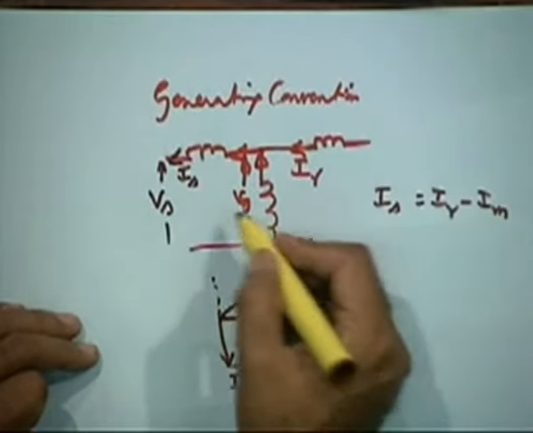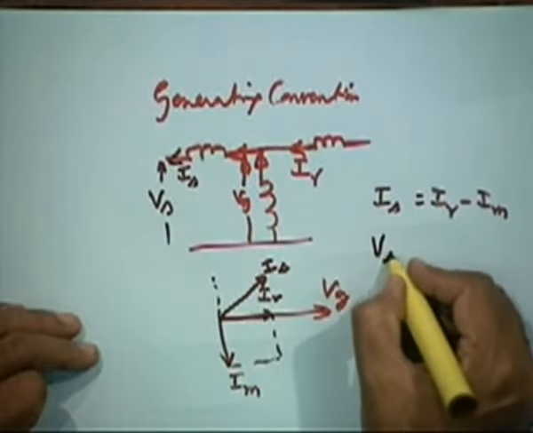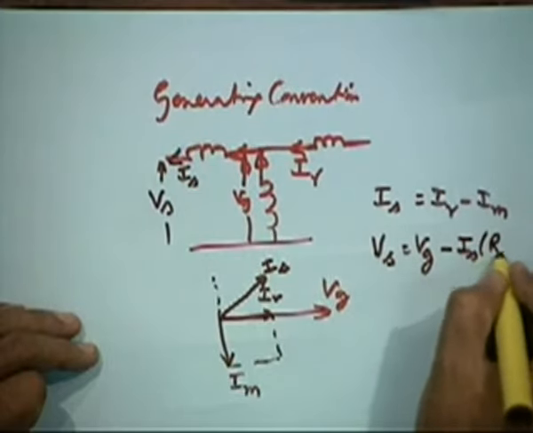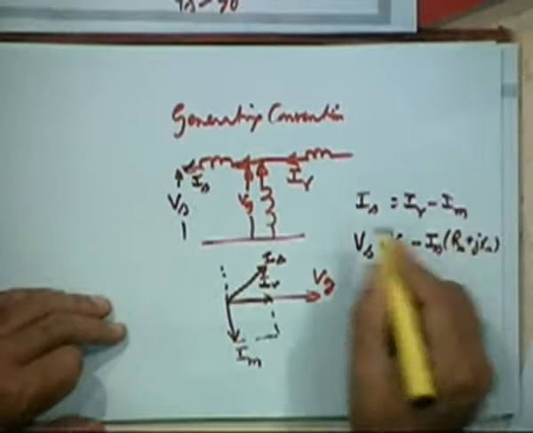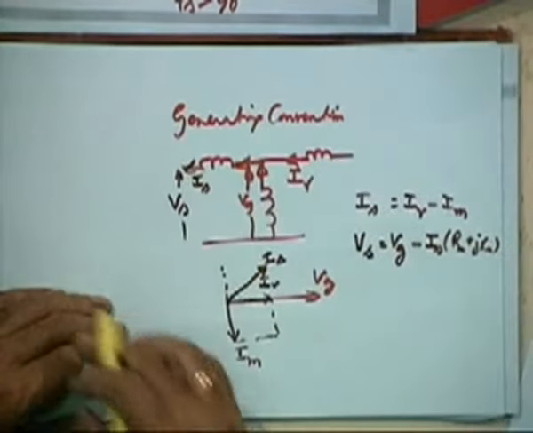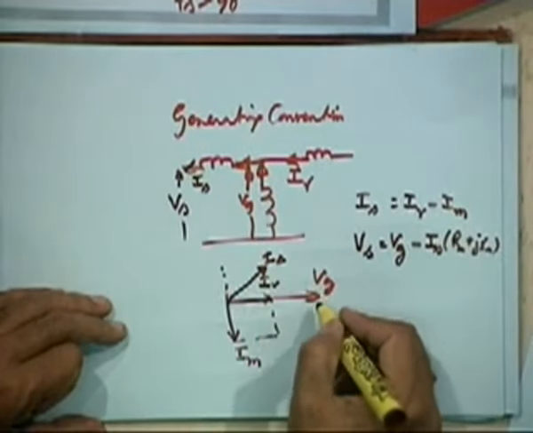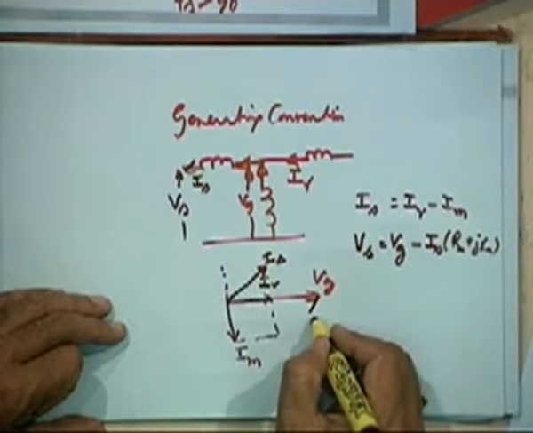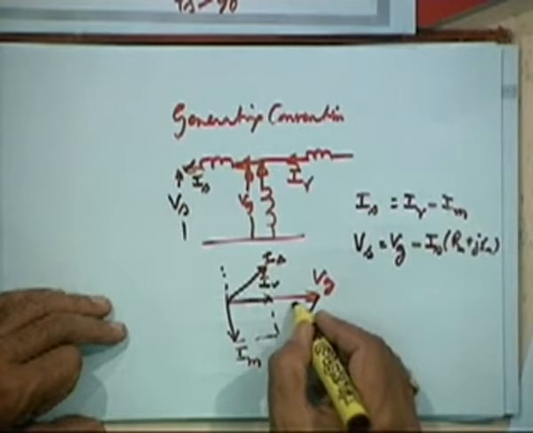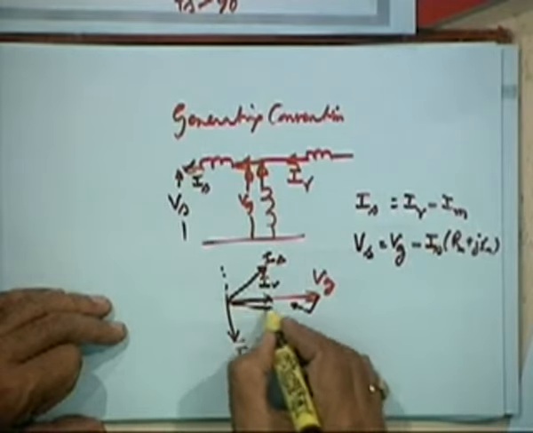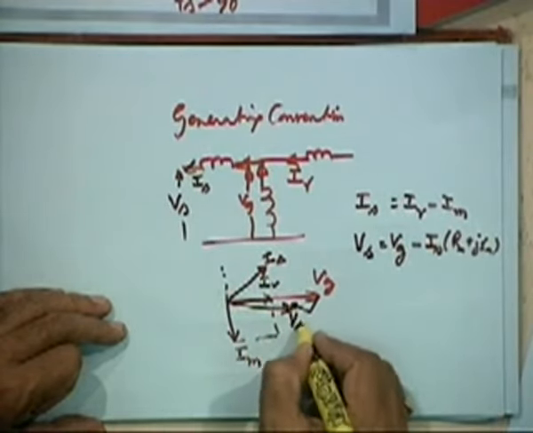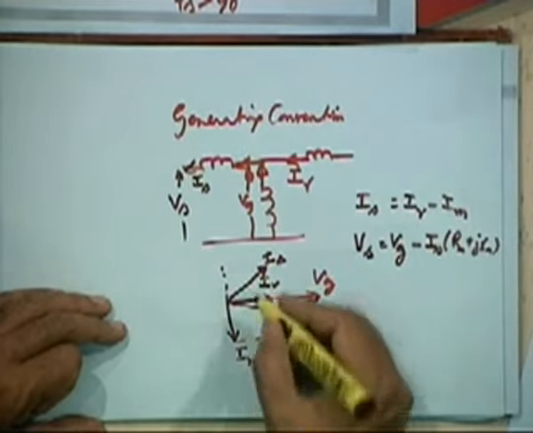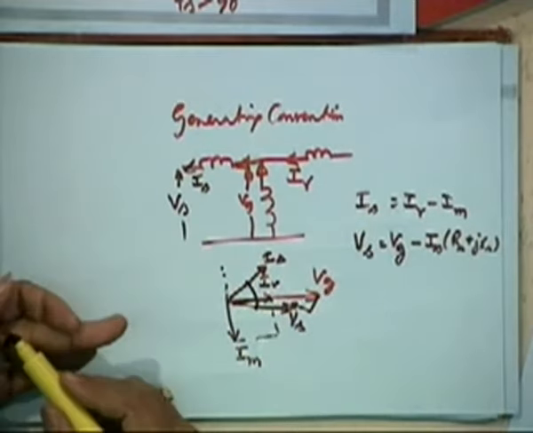Then what will be Vs will be Vg minus IS into RS plus jXS. Whatever is the air gap voltage minus this. So you have this IS, so you will have minus IS, and then minus. So your Vs will also be there only. So what will be this phi s now?